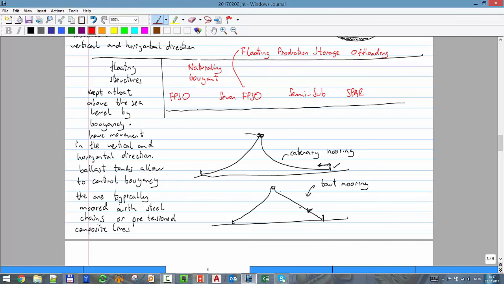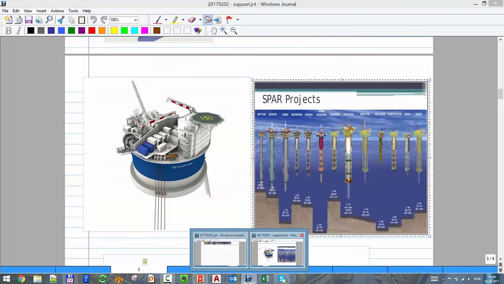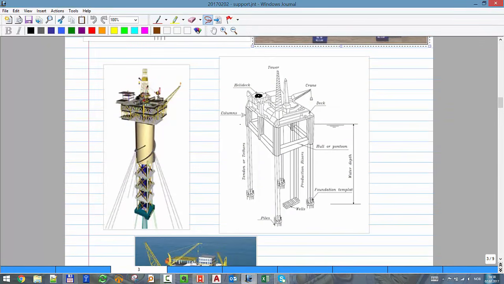And then we have another category called positive buoyant, and this is called TLP, Tension Leg Platform. Let me see if I have a figure.